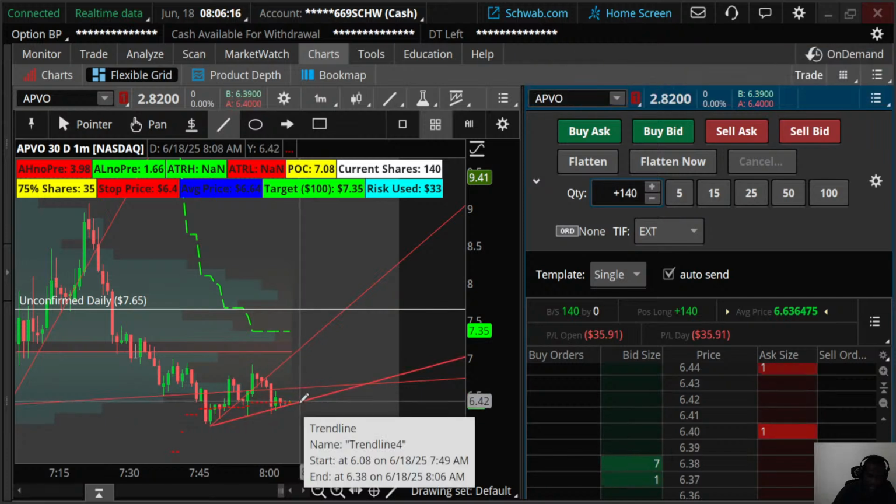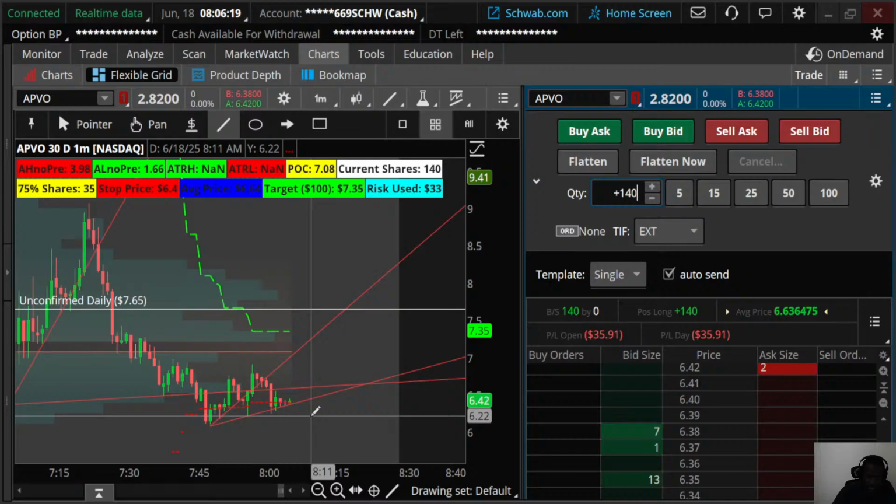So we got a double top there, 643. Do not like that. It needs to get over that for sure.